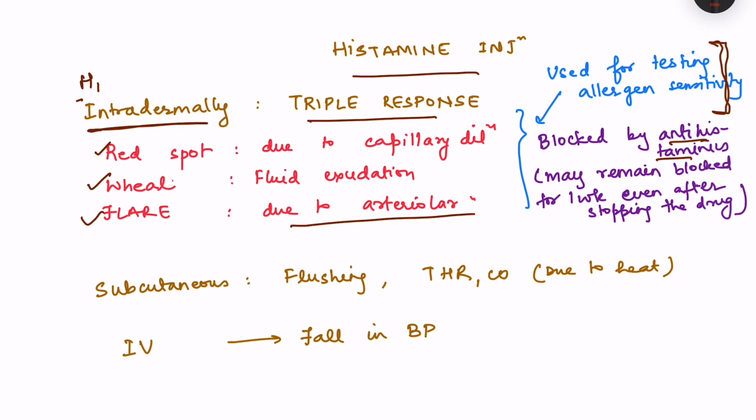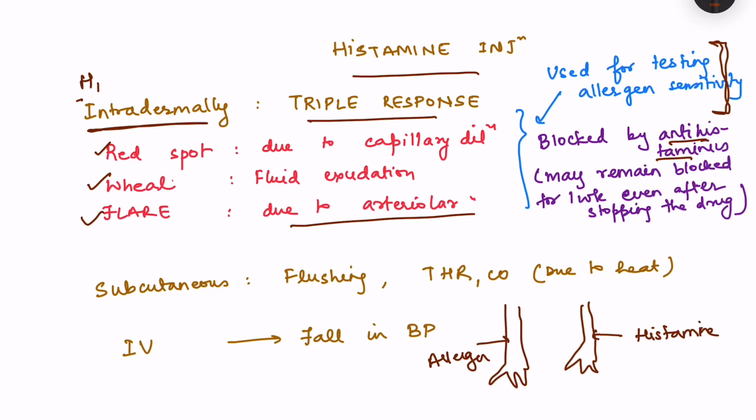Now, when we do allergen testing, in one arm we inject the allergen, and in the other arm histamine is given in a very small dose, and it acts as a positive control that yes, the body is responsive.